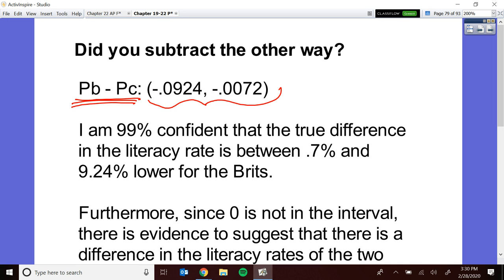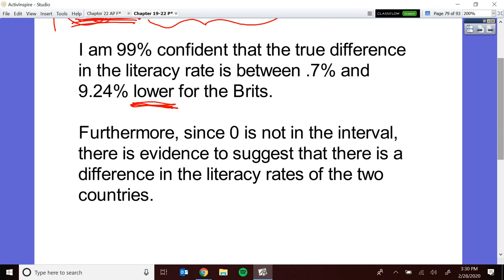I'm 99% confident that the true difference in the literacy rates is between 0.7% and 9.24%. Because they were negatives, we have lower for the Brits. And same conclusion here. Since 0 is not in the interval, we have evidence to suggest there is a difference in the literacy rates.